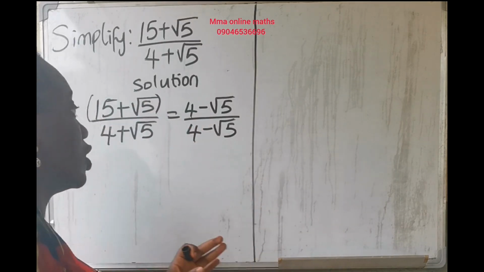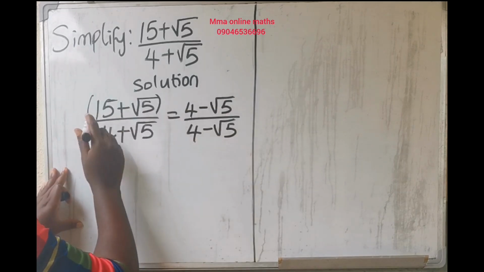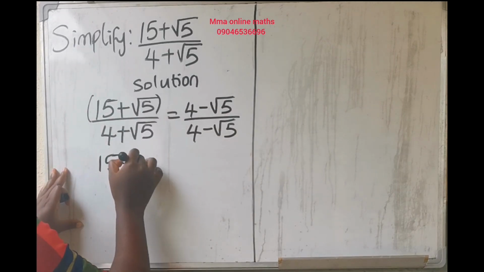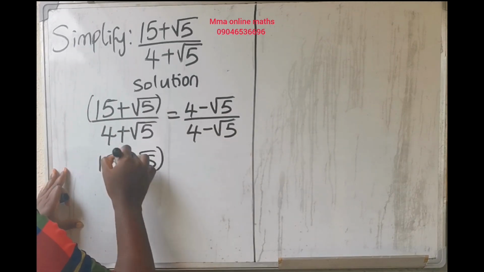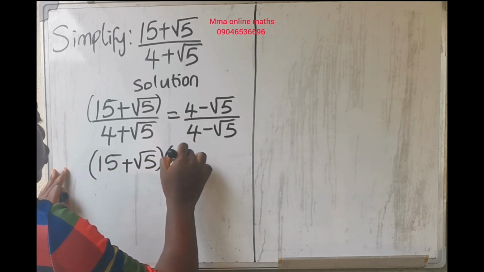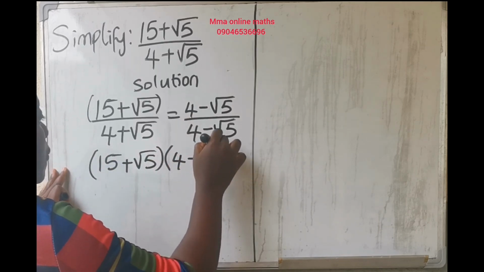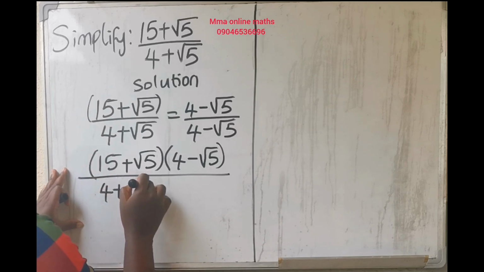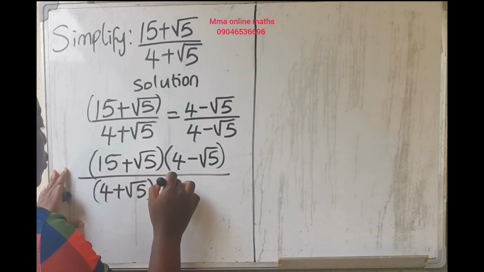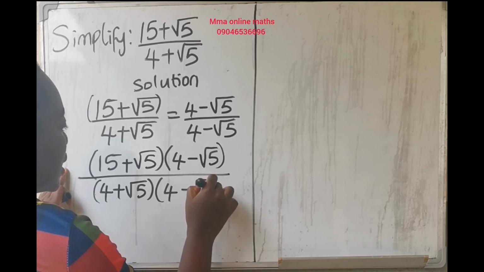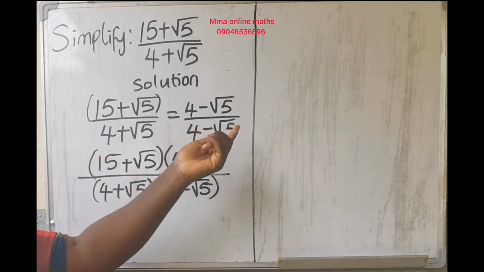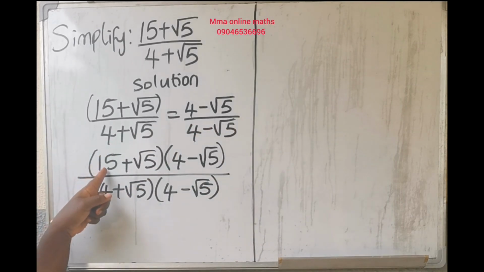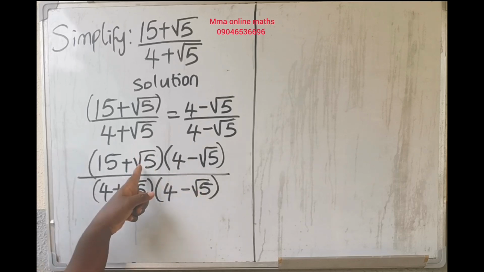Placing it alongside, we have 15 plus root 5 in bracket multiplying 4 minus root 5 over 4 plus root 5 multiplying 4 minus root 5, just like we have here. Now we'll continue.